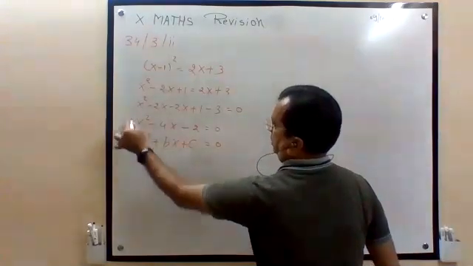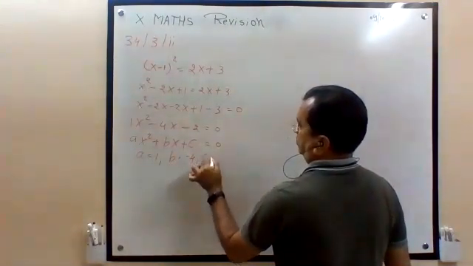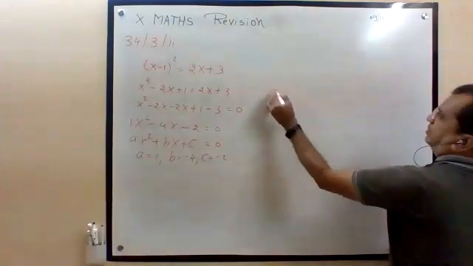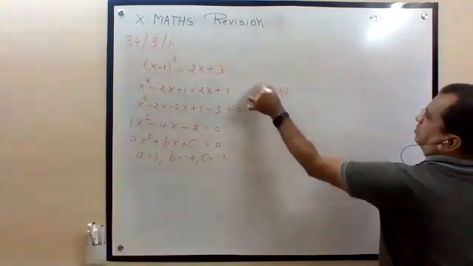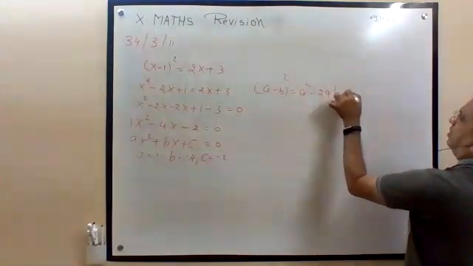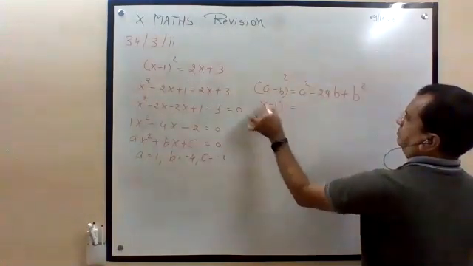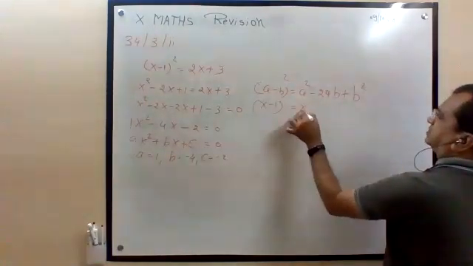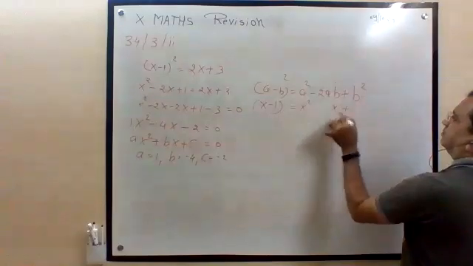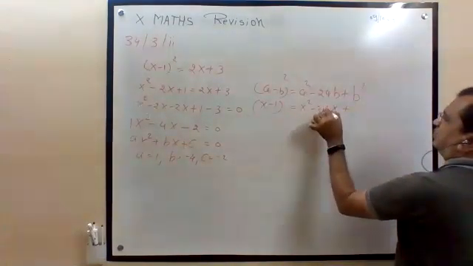So a is equal to 1, no coefficient. b is equal to minus 4. c is equal to minus 2. Now (a minus b) square, the formula is a square minus 2ab plus b square. Now substitute: a is x, b is 1.